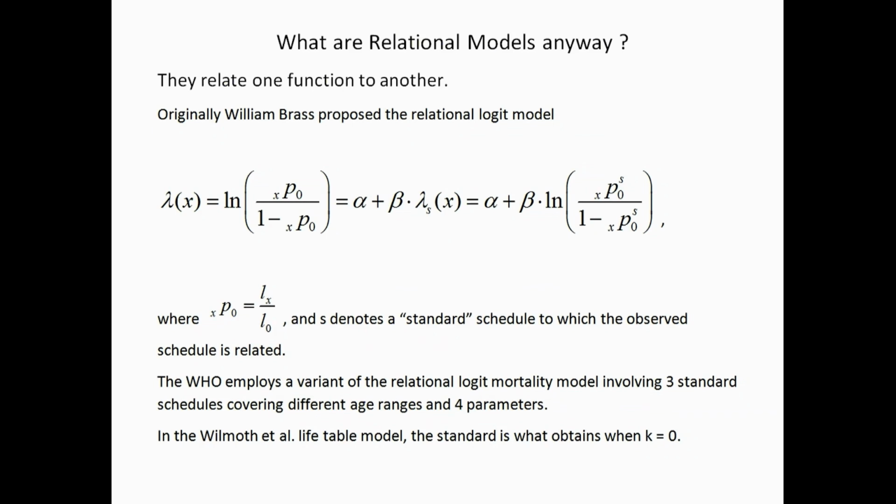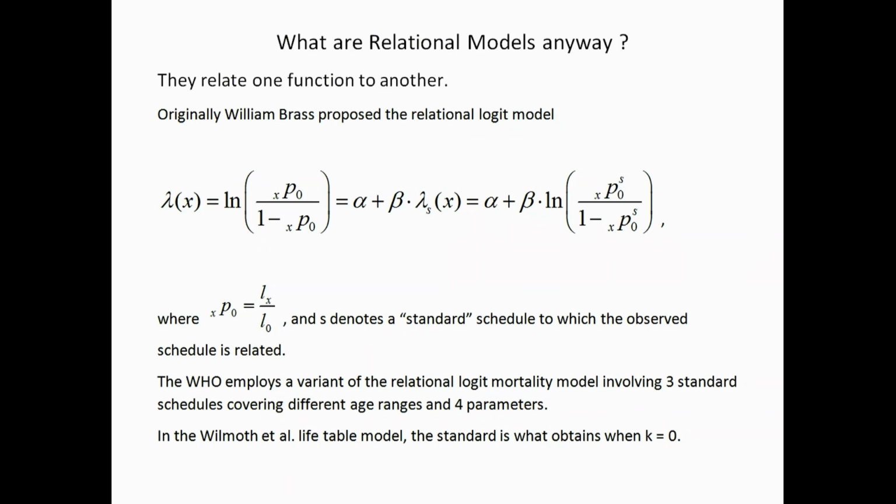Now, the World Health Organization's system of model life tables is based on a relational logit model. It's extended to 3 standard schedules, each covering different sections of the age range, because there is no one-size-fits-all standard. And you end up in that system of model life tables with 4 parameters.